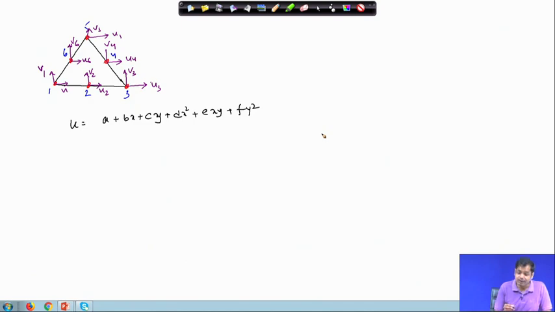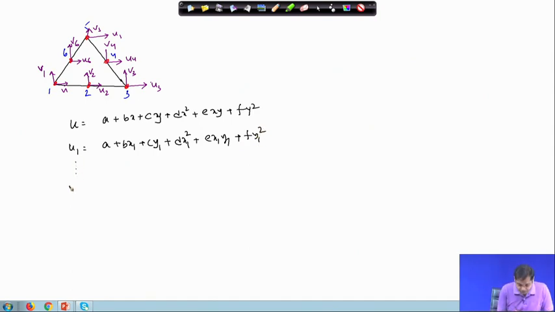So, what is the approach we did, you can recall. The conditions that we have are u1 is equal to A plus B x1 plus C y1 plus D x1 square plus E x1 y1 plus F y1 square.